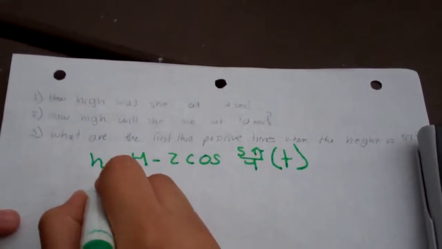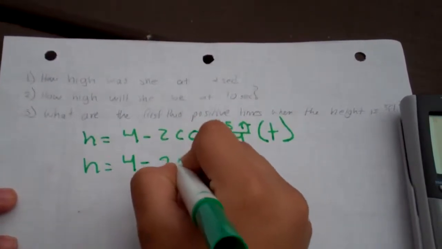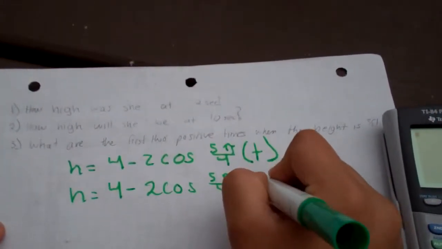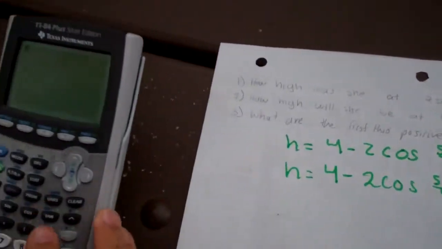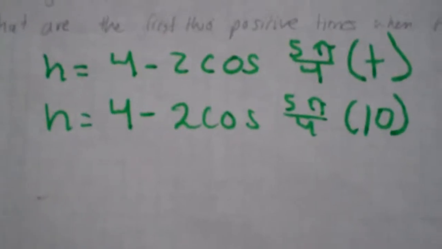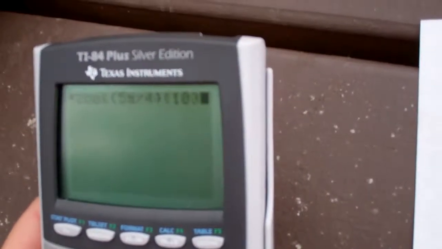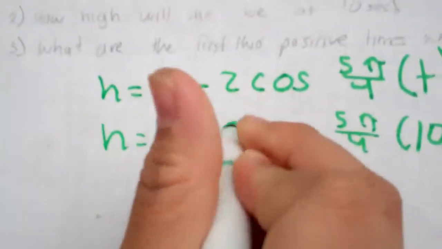So we start the whole equation all over again: 4 minus 2 cosine 5 pi over 4, and then you plug in 10. Plug that into your calculator. Make sure that it's in radian mode, and you put 4 minus 2 cosine parentheses 5 pi over 4, and then you plug in 10, and then you get 4. Equals 4.